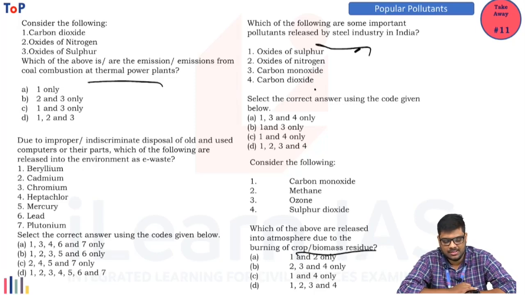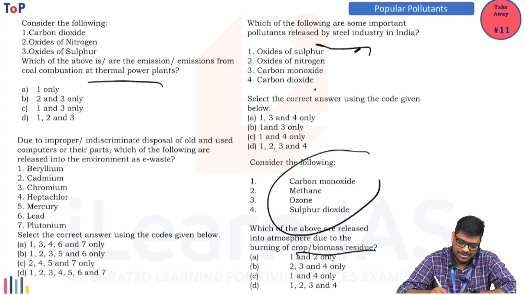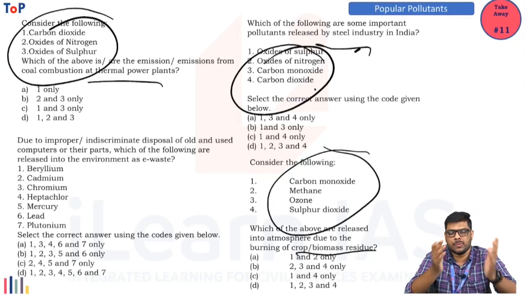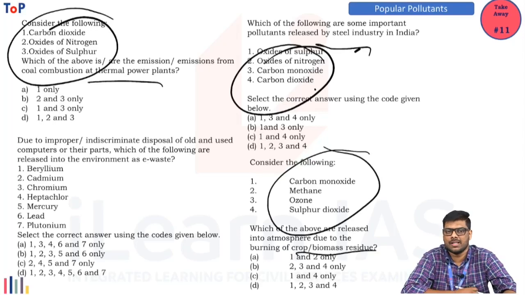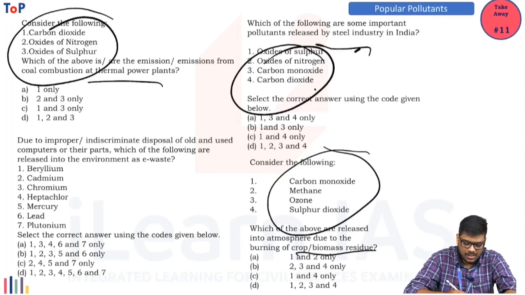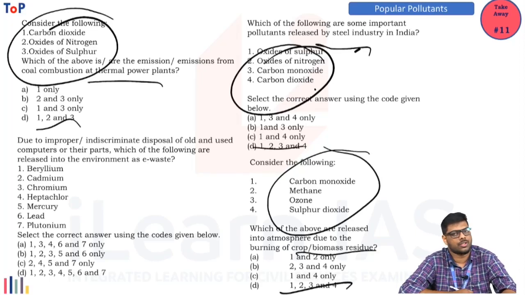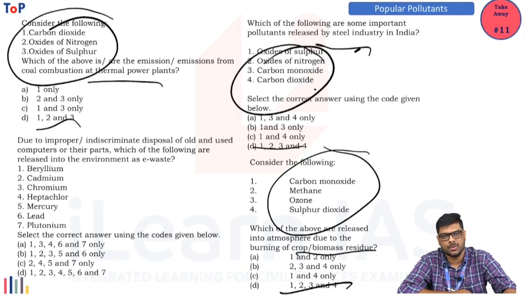Whether it is steel industry or thermal power plant or biomass residue, this is all biomass, all biocarbon, which means the emitted pollutants can be anything. Use possibility enhancer. The possibility of any particular gas coming out is more when it is combustion. So the answer can be 1, 2, 3 here. Answer can be 1, 2, 3, 4 here. So this is how you have to approach it.